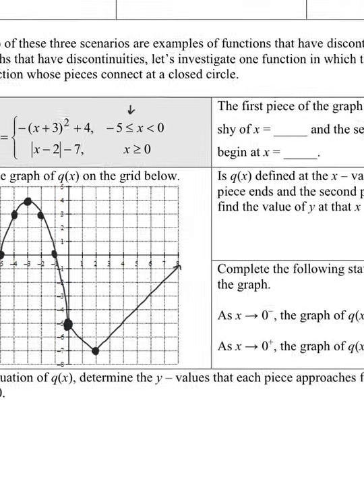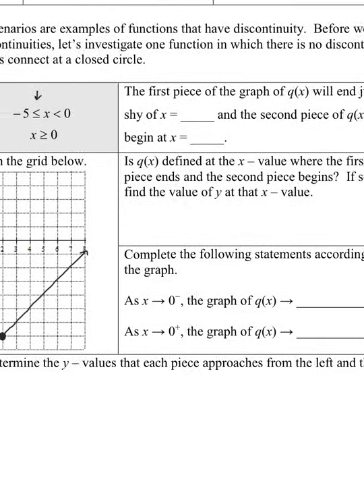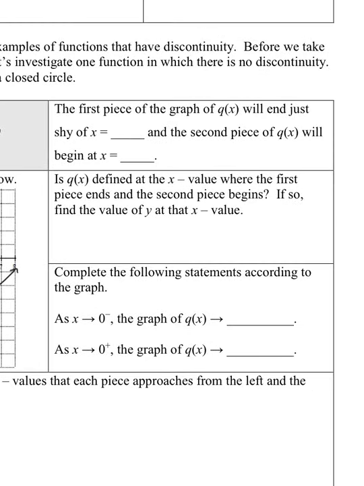Well, let's see. So the first piece of the graph Q of x will end just shy of x being equal to what? So remember, there was a hole. Please come to the front. There was a hole when x was what in the first piece of our piecewise function?